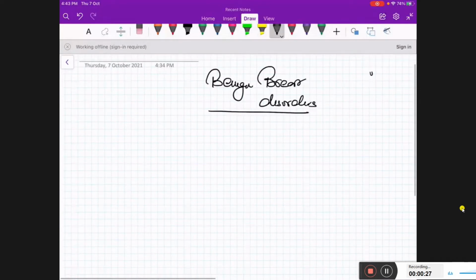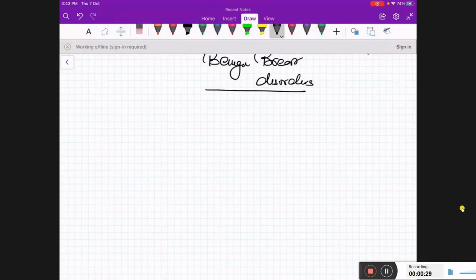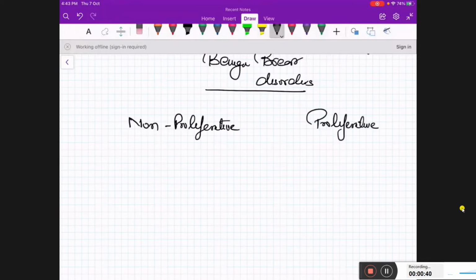In benign breast disorders, we have non-proliferative conditions and we have proliferative conditions.